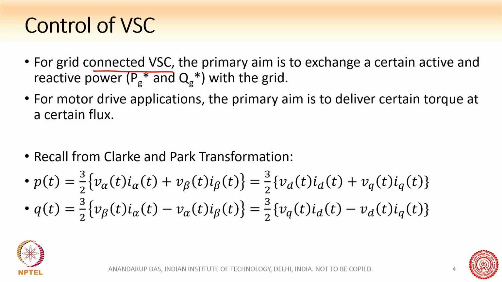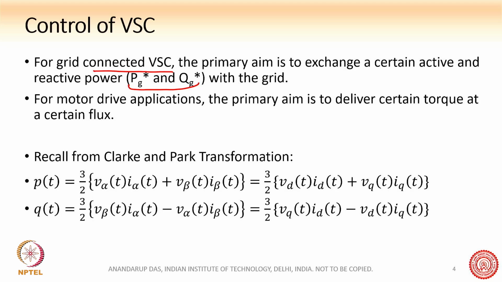Therefore, when we talk about the control of this kind of voltage source converter, it is precisely called the grid following voltage source converter. It accurately follows the grid, and the aim here is to always have PG star and QG star, the active and reactive power references.